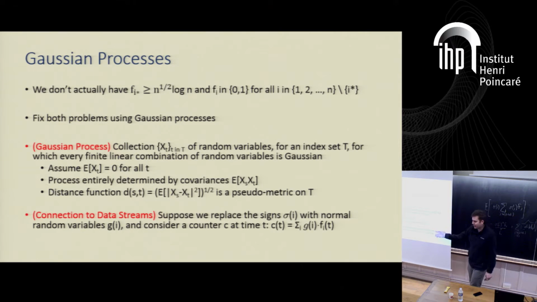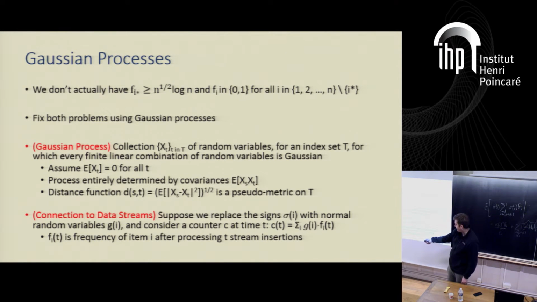Okay, so it's like a random sign sum, except I've replaced the signs with Gaussians. And I'm looking at the counter as the stream evolves. So at time t, f sub I is the frequency of item I after t insertions. Okay, so there's a C1, a C2, up to C at the end of the stream.